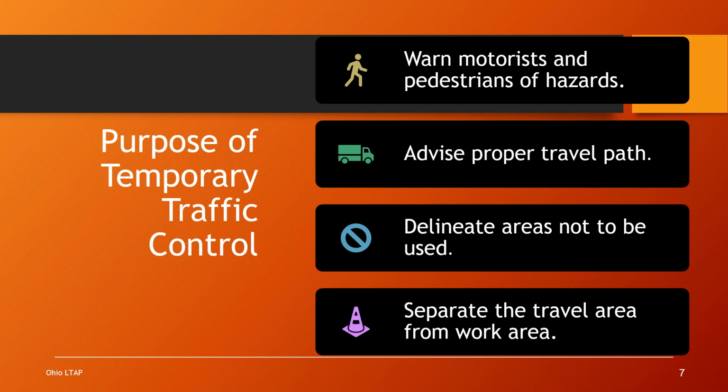And then we need to advise them of the proper travel path around our work zones, and we do that with our different temporary traffic control devices, and with either cones or drums, or even barricades in some, maybe even concrete barriers in some cases. We need to delineate the areas for them not to use, and to do a good job of separating their travel area from our work area.